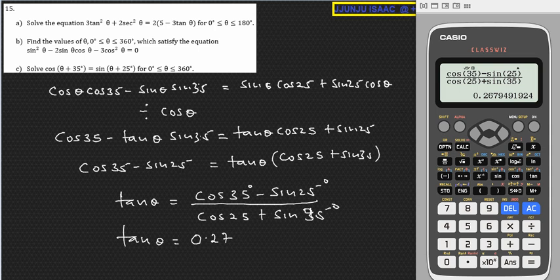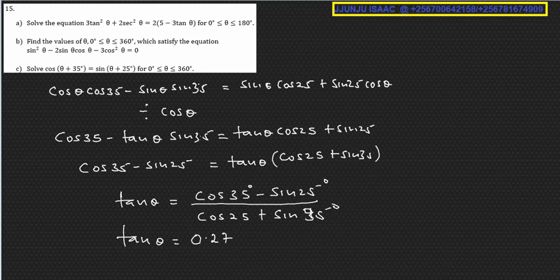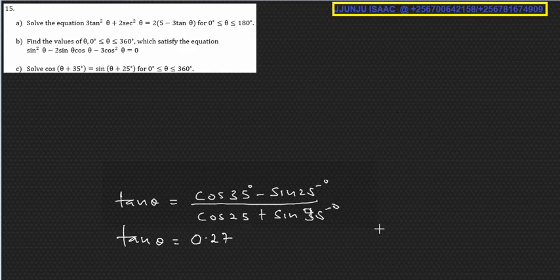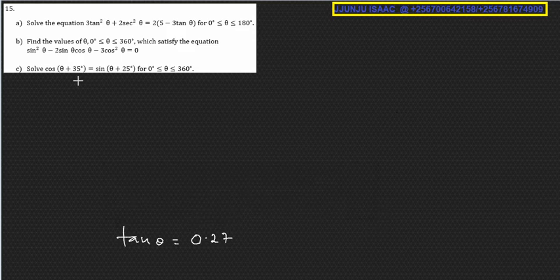So next is to find the angles which satisfy this condition here. So let us see where tan is positive. That is in the first and the third quadrant. So we have to find theta.